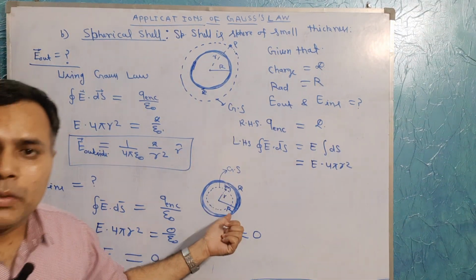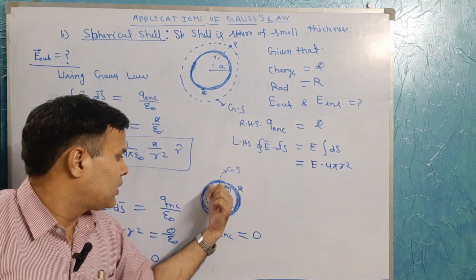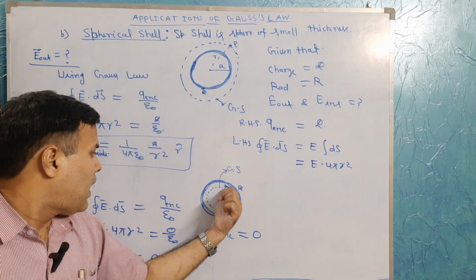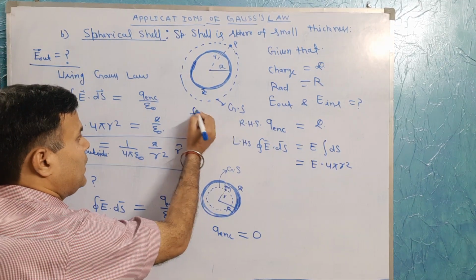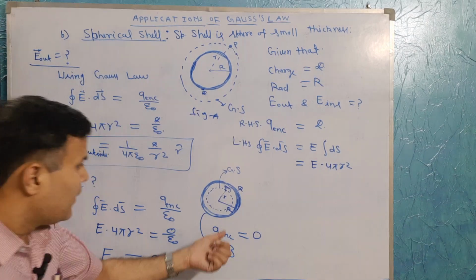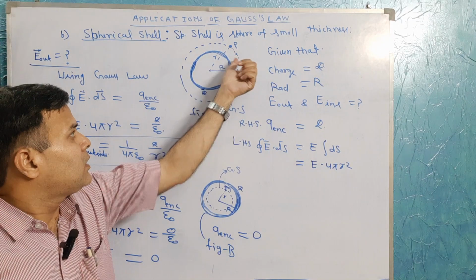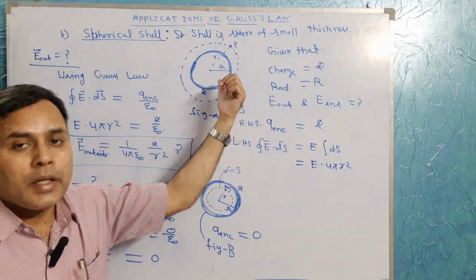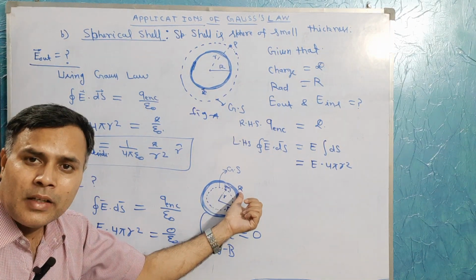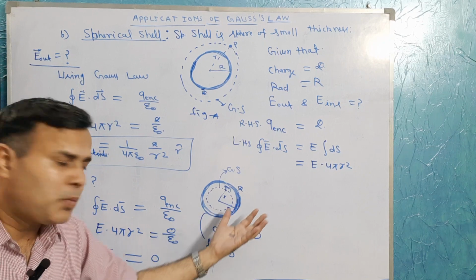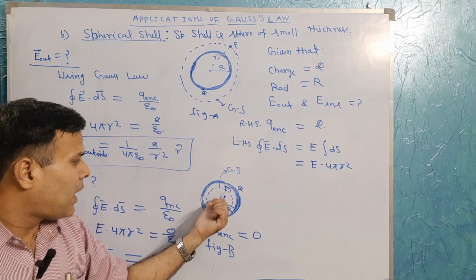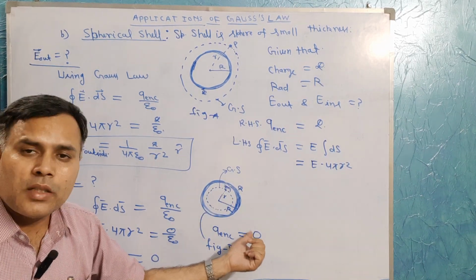Let me mark this as figure A and this as figure B. In figure A, the charge enclosed in this dotted surface is Q, but in figure B the charge resides on the surface of the spherical cell, and if you draw any surface inside this spherical surface and find the charge enclosed, it is simply 0.